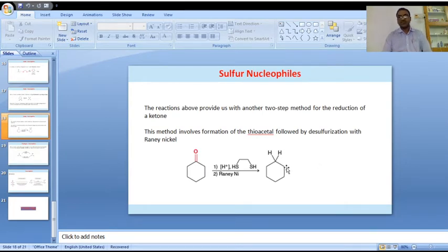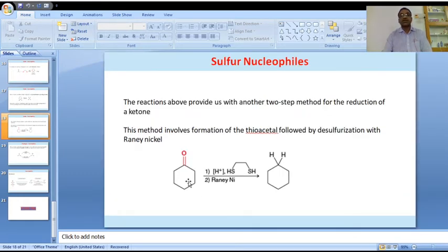From here onwards, sulfur nucleophiles. Sulfur nucleophiles, the reactions. I will enlarge this slide.